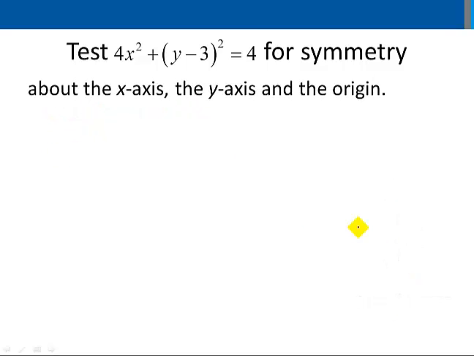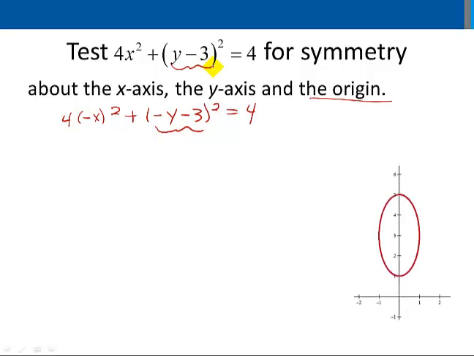To test this equation for symmetry about the origin, we will replace x with negative x and y with negative y. Again, this negative y minus 3 squared makes me suspicious, so I'm going to cheat and take a peek at the graph.